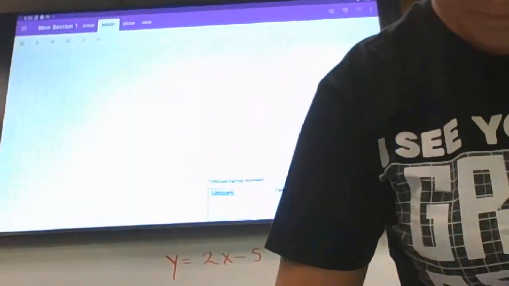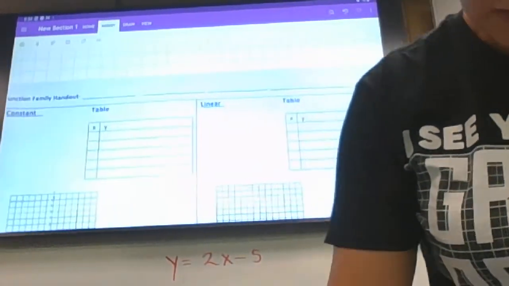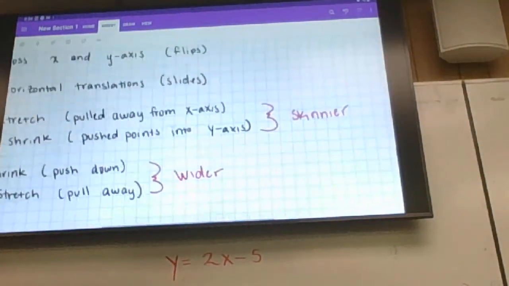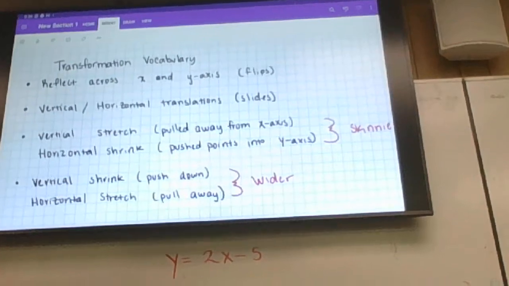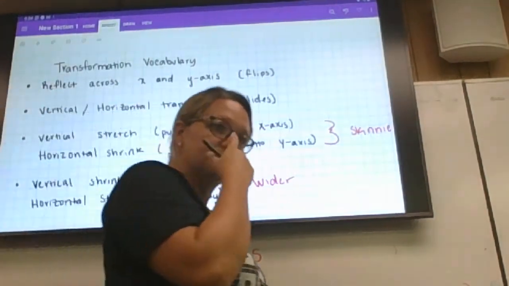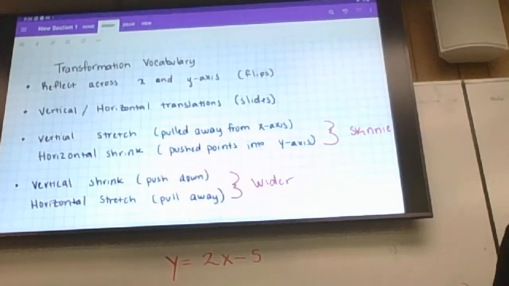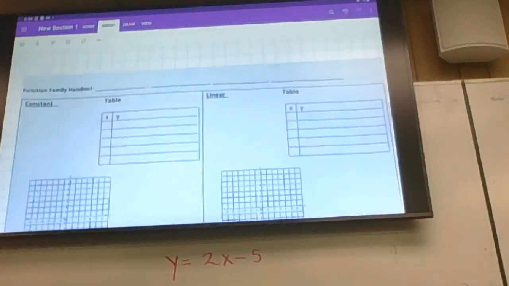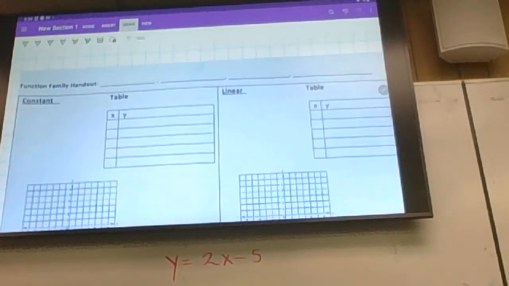So at the top, there's 4 blanks. Let me know if I'm moving too fast. So the four function families that we're gonna do here, we're gonna do the constant function, which I think is a waste of time.